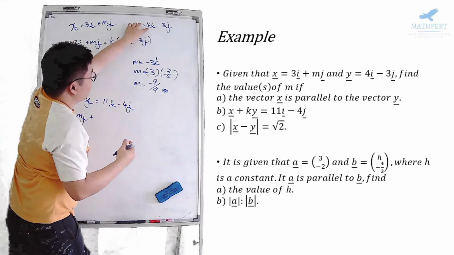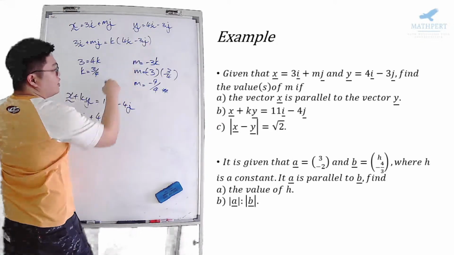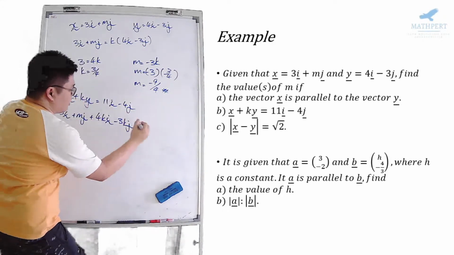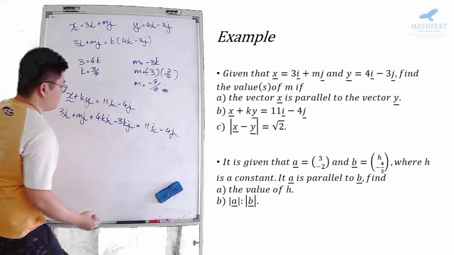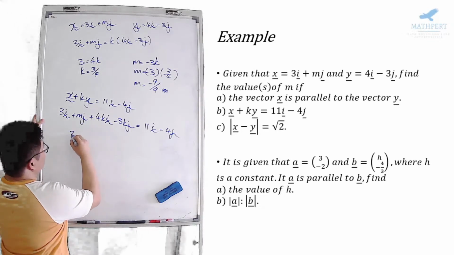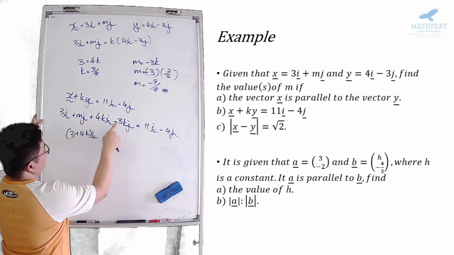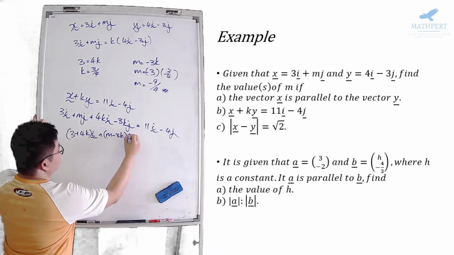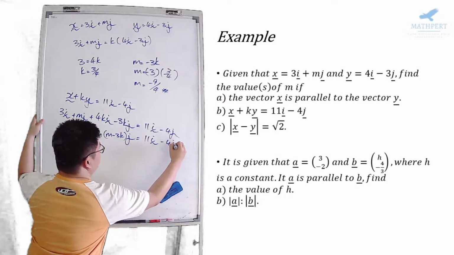So 4i becomes 4ki, minus 3j will be minus 3kj. So equal to 11i minus 4j. Okay, so I will get (3 plus 4k)i, j and j, so I get plus (m minus 3k)j. So 11i minus 4j.